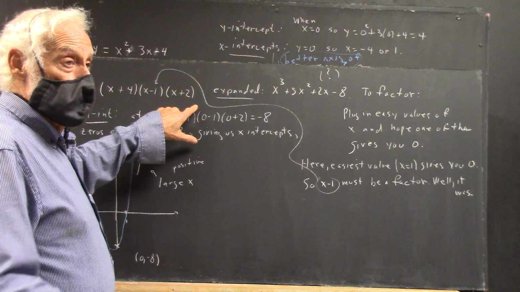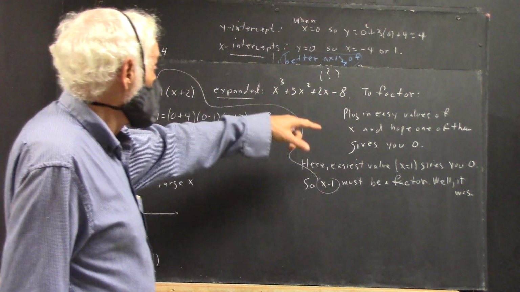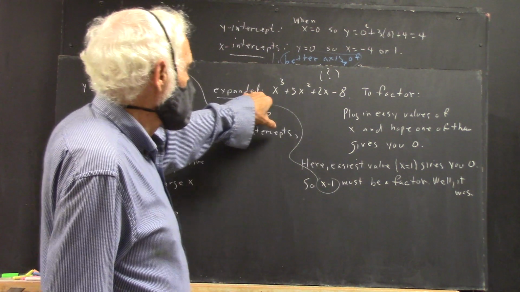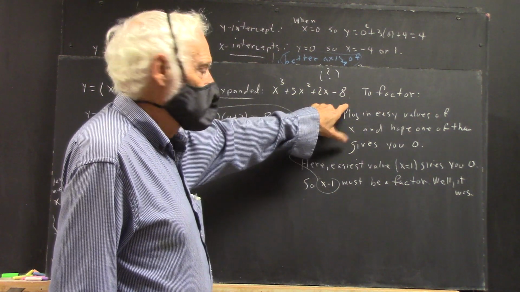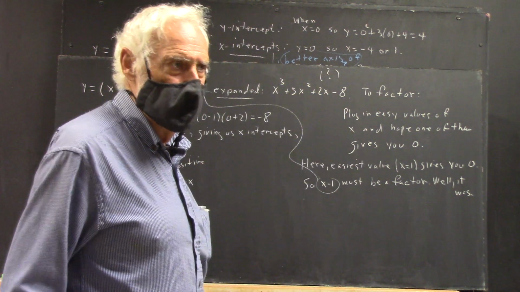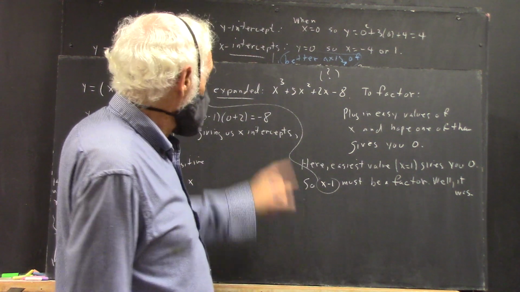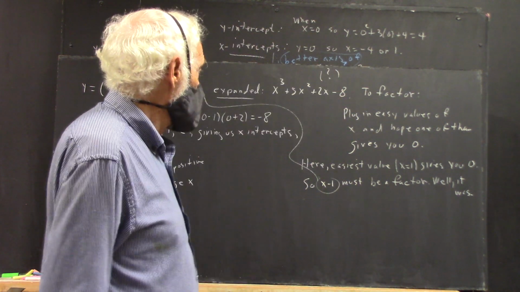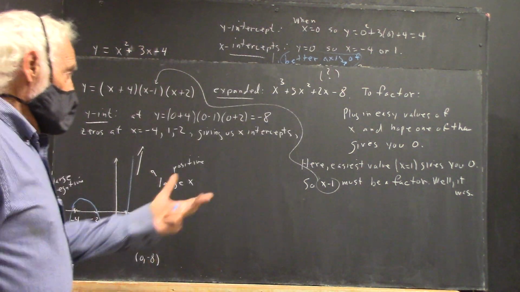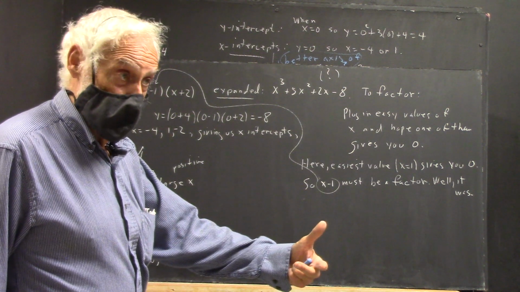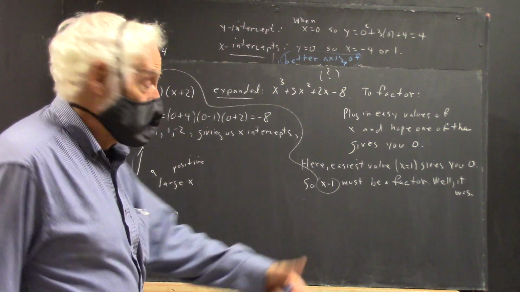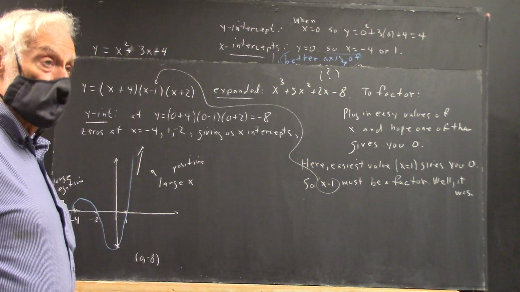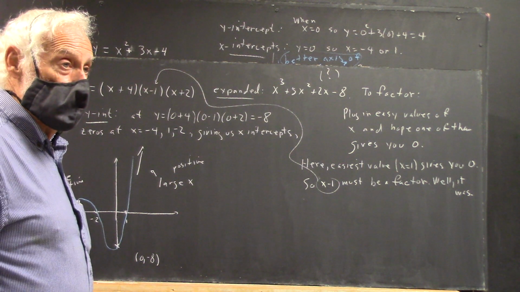The next easiest number would be 2. Plug in 2. Well, you get 8 here, and then all these are positive, so when you subtract 8, you're not going to get 0. You can see that right away. So that shows me that x minus 2 wasn't a factor. And sure enough, I look back here, and x minus 2 wasn't a factor.